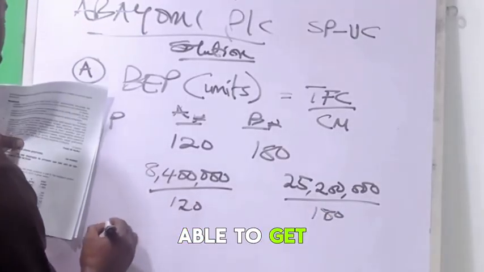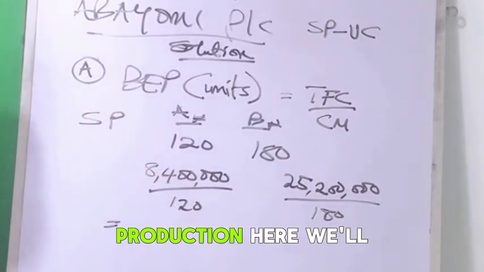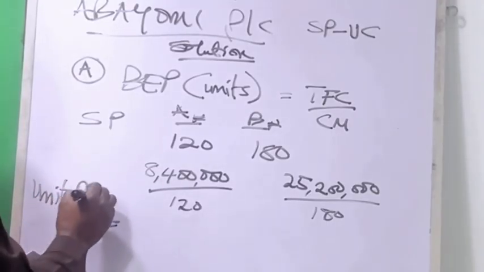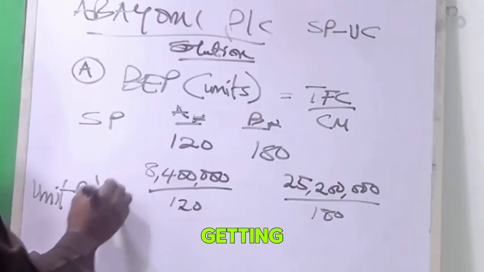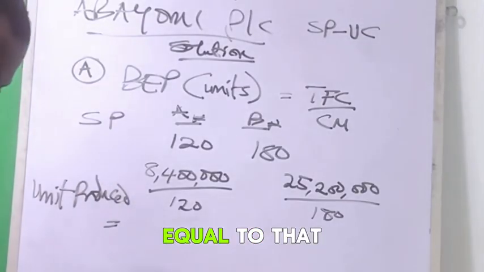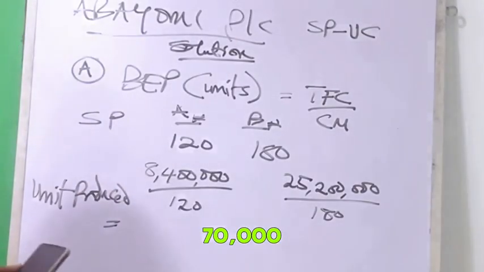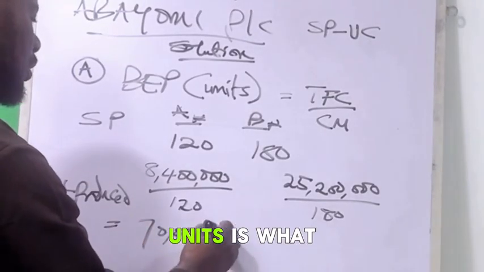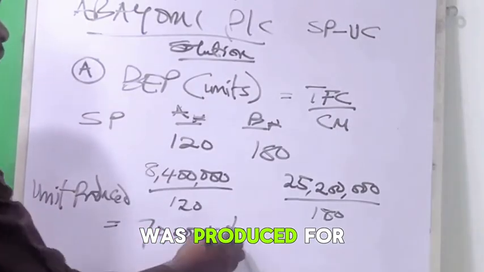So you are able to get the unit of production. Here we say units produced. That will give us 70,000. So 70,000 units is what was produced.